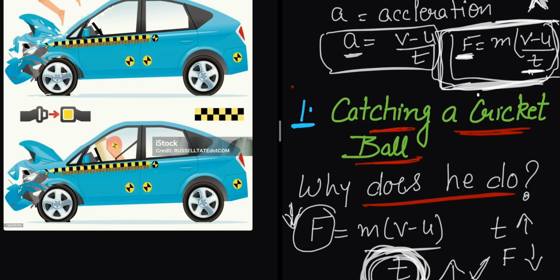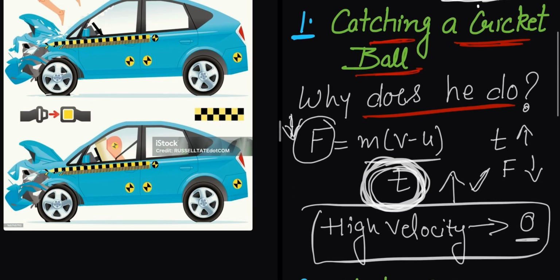Why does he do so? The answer is by pulling his hands backward, he is increasing the time during which the high velocity of the ball will reduce to zero, and if the time increases, the force will decrease and the player will not get hurt. Clear?